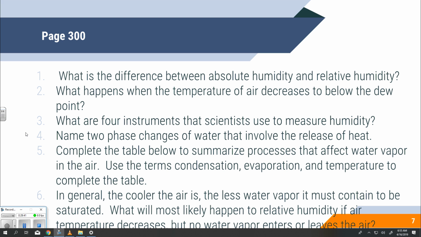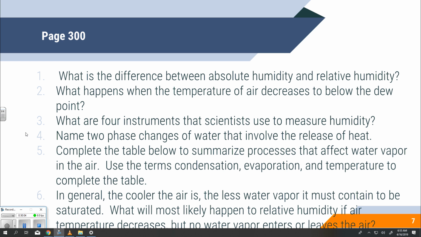Question 4. Answer can be found on page 295. Condensation and freezing.